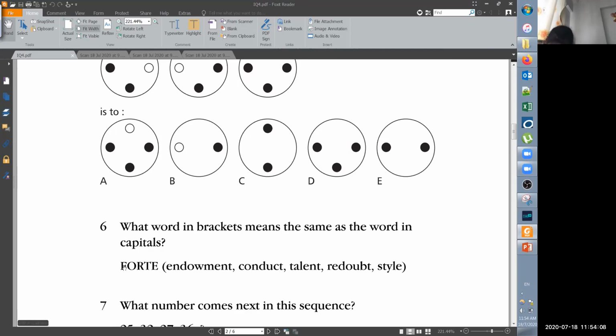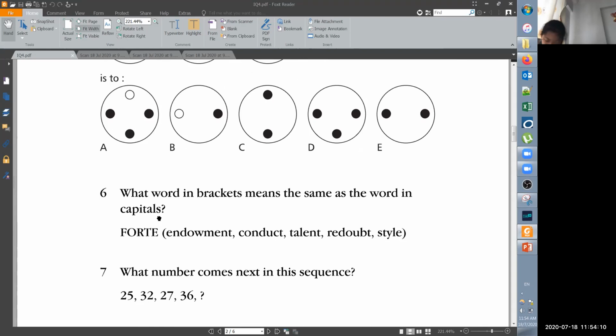Forte, do you know the meaning of forte? Why do I ask you to do question 6? Because I think question 6 is quite common. The meaning of forte is talent. Okay, so learn some English too. So question 6, the answer is talent. Okay, the meaning of forte is talent.